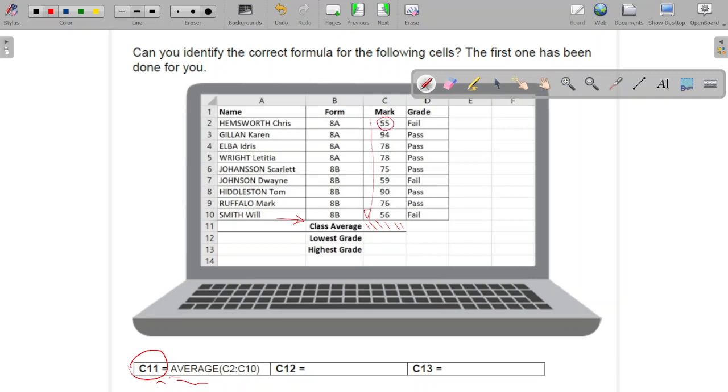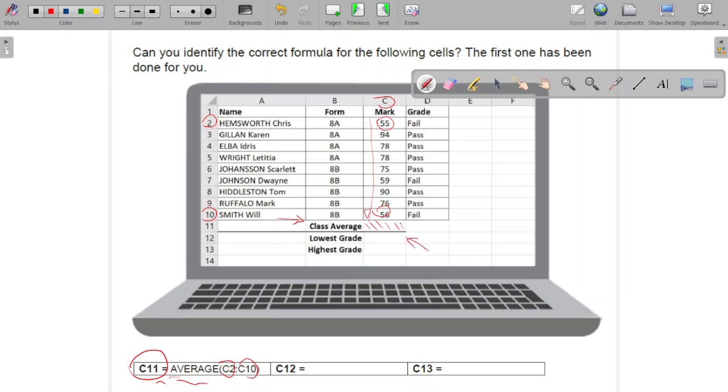The first mark exists in C2, and the last cell in this range exists in column C, row 10. So the average of the values between C2 and C10 is going to be added in this cell.